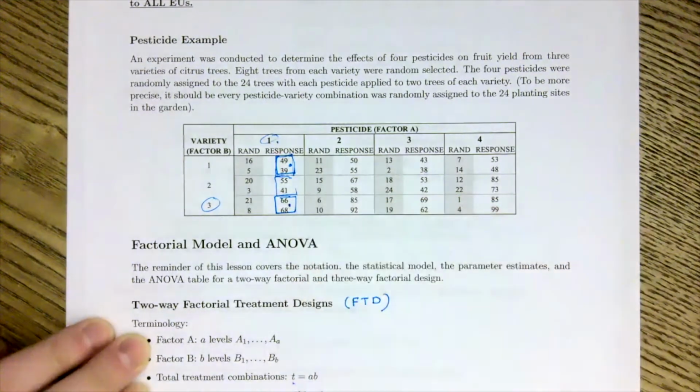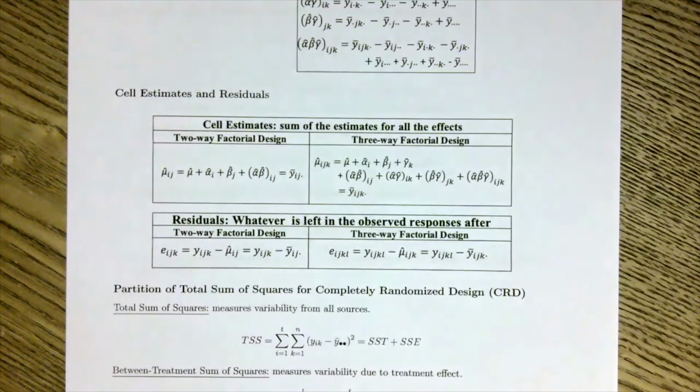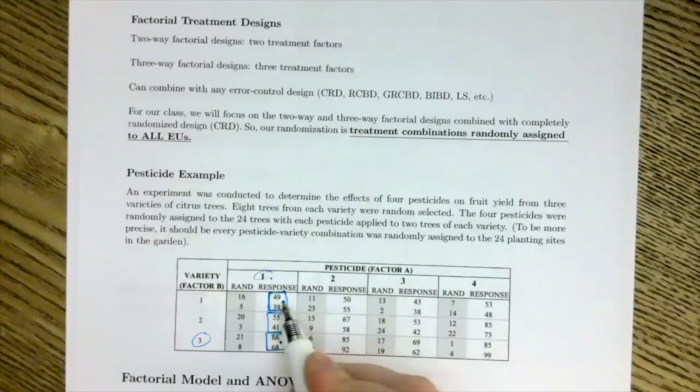It's the average of these two. The whole idea is that those two observations should be the same, and so any difference within the cell should just be background noise. Because we have replication, similar to the RCBD, we're able to estimate the interactions, so the estimated cell mean is just the average of the observations within the cell. And again, average within these cells.